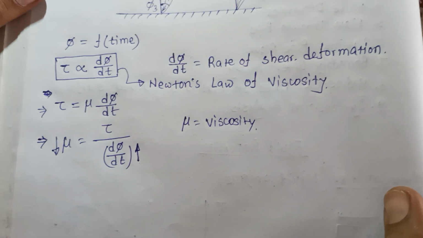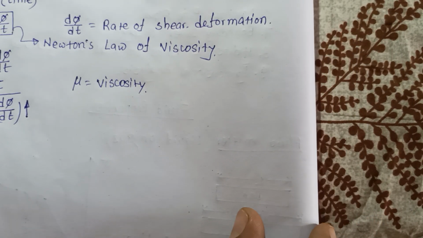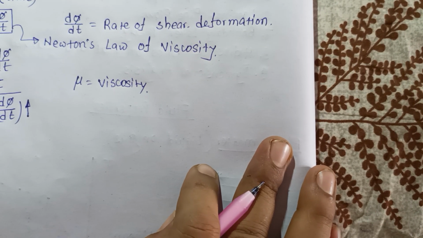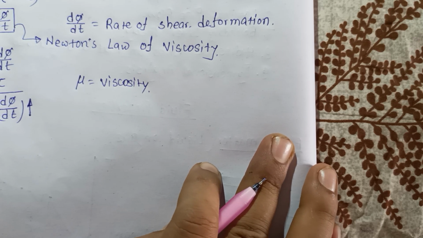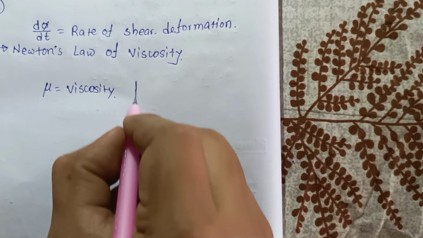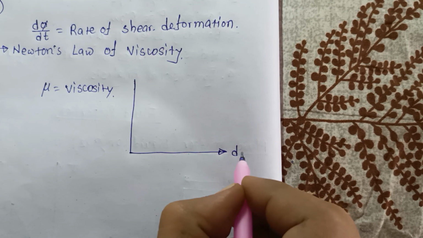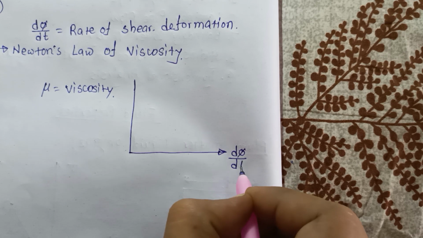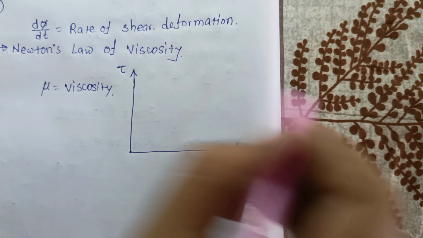Okay, so if I draw the shear stress and rate of shear deformation graph, this is the rate of deformation d phi by dt, and this is tau.